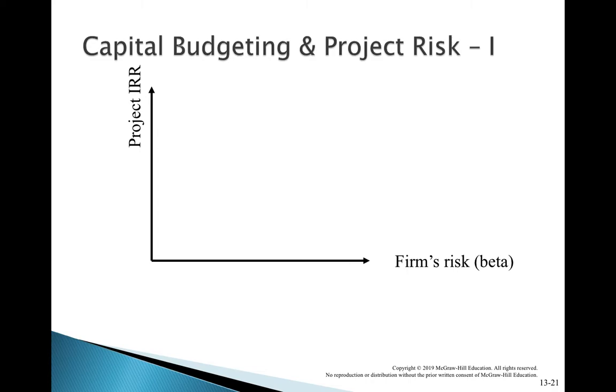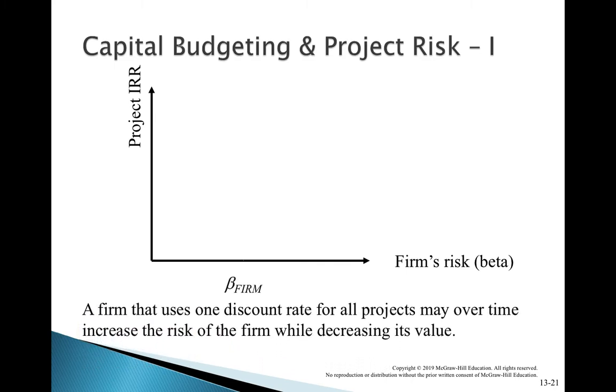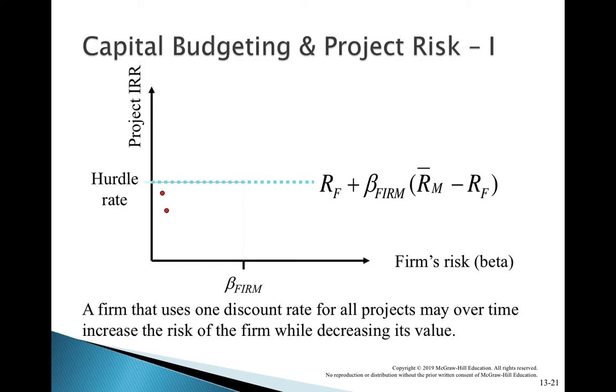Now here, the y-axis consists of the internal rate of return or cost of capital. The x-axis represents the beta of the firm. A firm that uses one discount rate for all projects may, over time, increase the risk of the firm while decreasing its value. You see students, before going to the next step, let me explain.